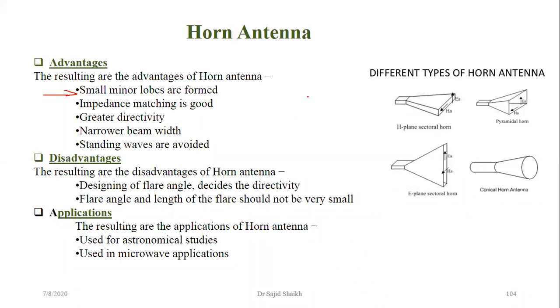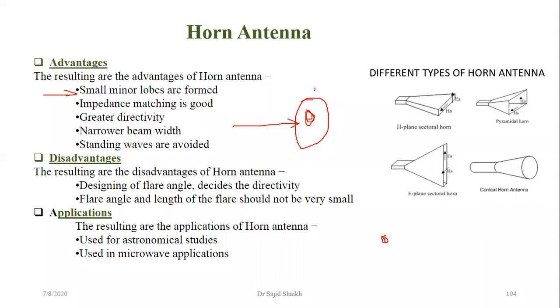When we draw the radiation pattern of any antenna, if the antenna is isotropic, suppose this is the antenna, then it will radiate the energy equally in all directions. So this is the isotropic antenna. But when we are talking about the horn antenna, what does this horn antenna do? The horn antenna radiates the energy.